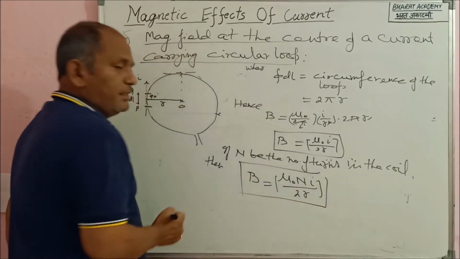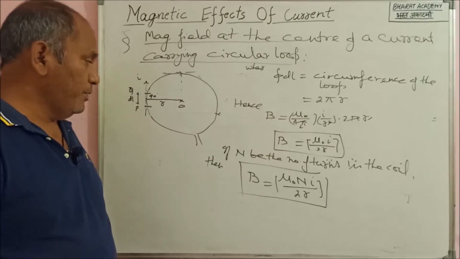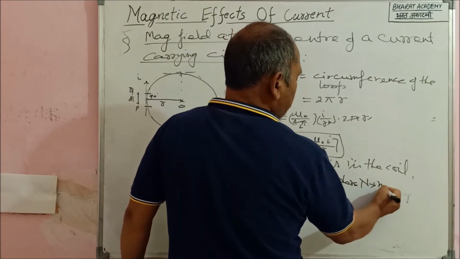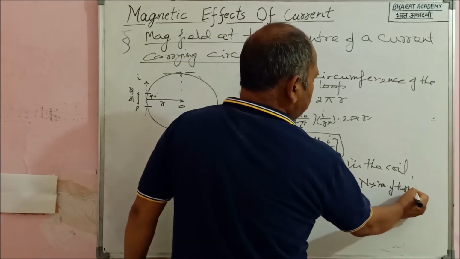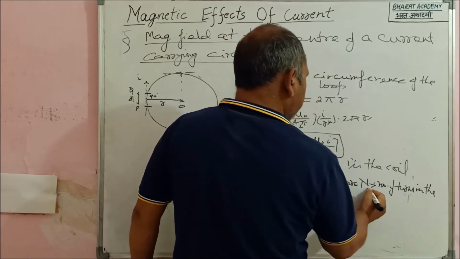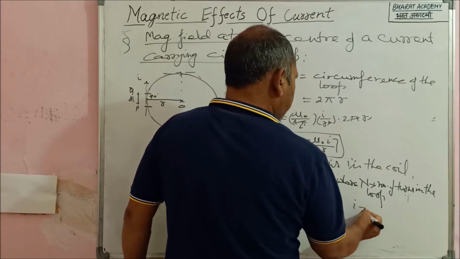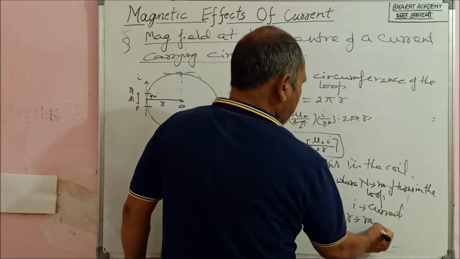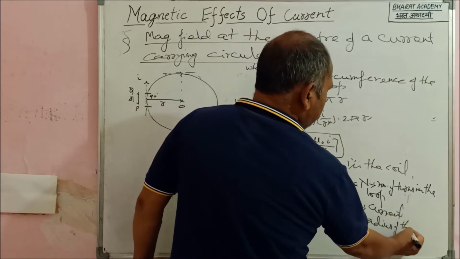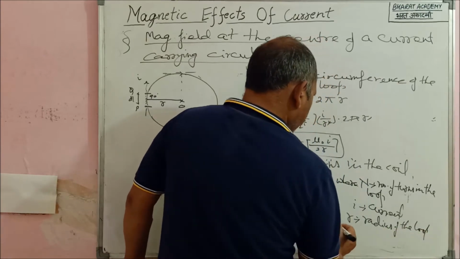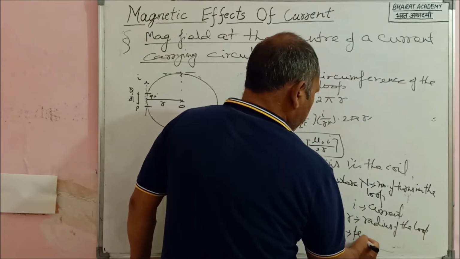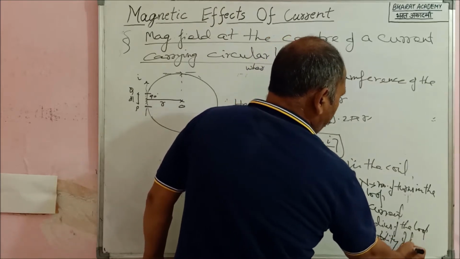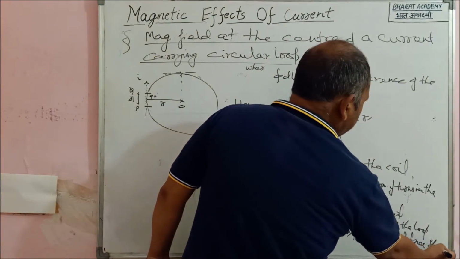Magnetic field at the center of a current carrying loop, where N is the number of turns in the loop, I is the current, r is the radius of the loop, and mu 0 is the permeability of free space.